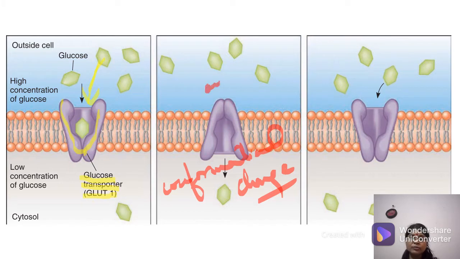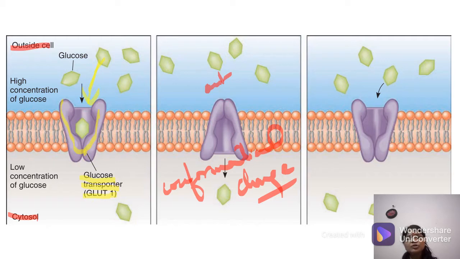This is the outside of the cell, and this is the cytosolic part of the cell. This diffusion is being facilitated, and facilitated means it is happening with somebody's help, here with the help of these carrier proteins.